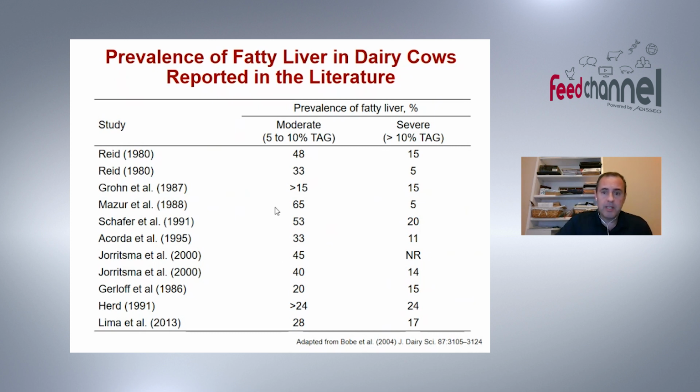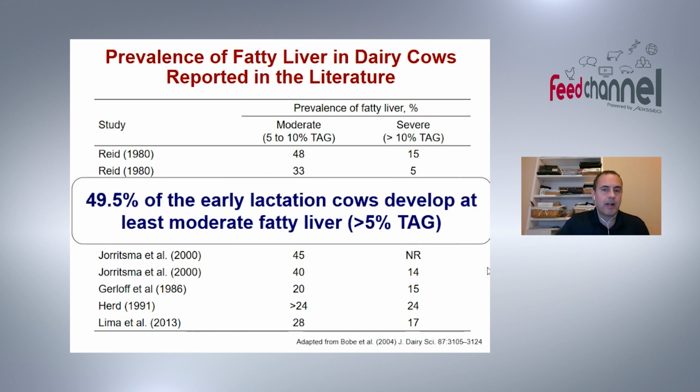But as you can see here, anywhere from more than 15% of the cows to as much as 65% of the cows had between 5 to 10% triacylglycerol, and another fraction of the cows had more than 10% triacylglycerol. So if we put it all together, what we see is that almost half of the cows will develop some degree of moderate fatty liver during the first weeks after calving.